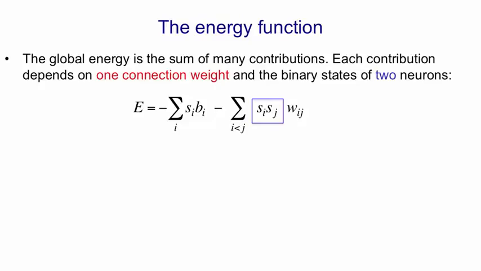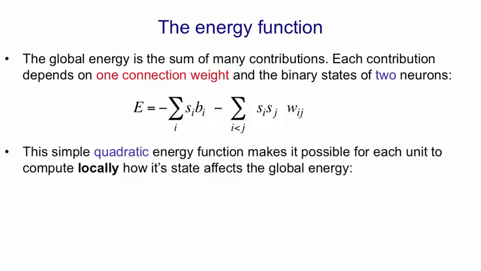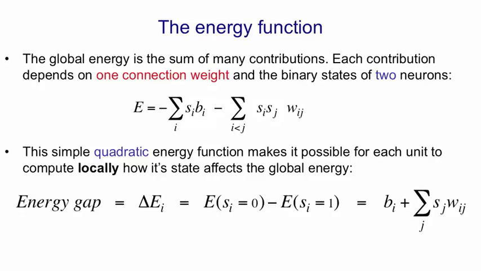In addition to that quadratic term that involves the states of two units, there's also a bias term that only involves the state of individual units. The quadratic energy function makes it possible for each unit to compute locally how changing its state will change the global energy. So we first need to define the energy gap.